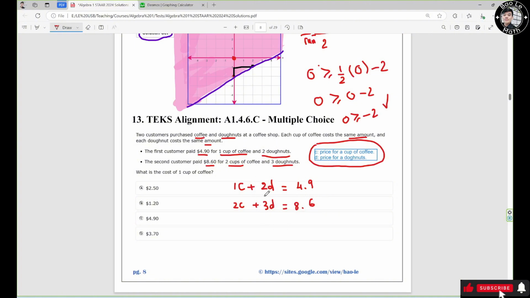Now we're going to solve this system of two equations to solve for C and D, right? Alright, so I look at the first equation and multiply both sides by 2, so that I'm going to use the elimination method.